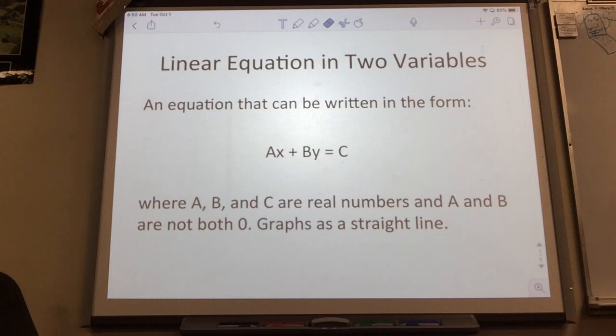And standard form, there's a couple rules on standard form. First, you need all of the letters on the left side. So all of your variables on the left, and that C is your numbers. So letters on left. The other thing is A can't be negative or a fraction.